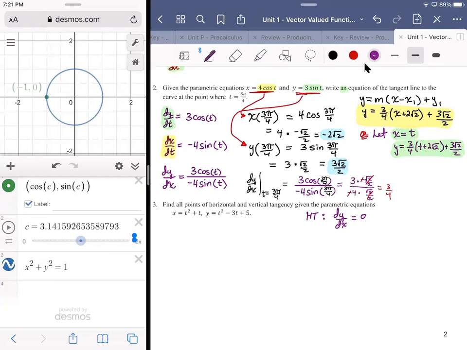Same idea here. Whether it's polar, parametric, whether we get into three-dimensional stuff, it's still going to be the same idea. If we're looking for the slope of a tangent line, we're looking for a slope of 0 if it's horizontal.